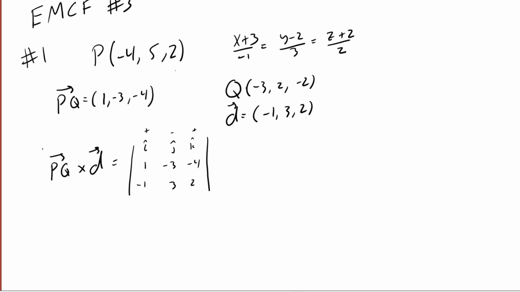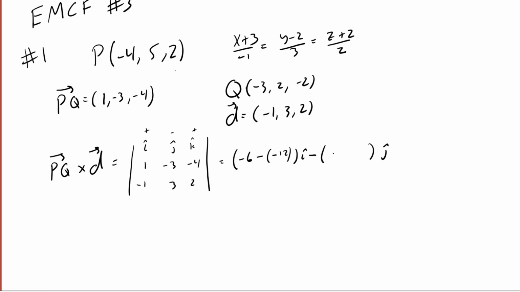So this is going to be something i hat. I'll fill that in later. For i hat, we cross that out. We get -6 minus 3 times 4, 3 times -4, which is -12. Now we have minus j hat, so we cross the middle out.